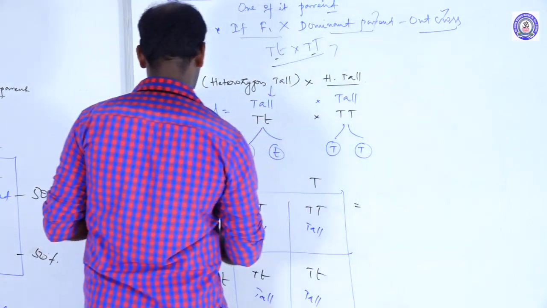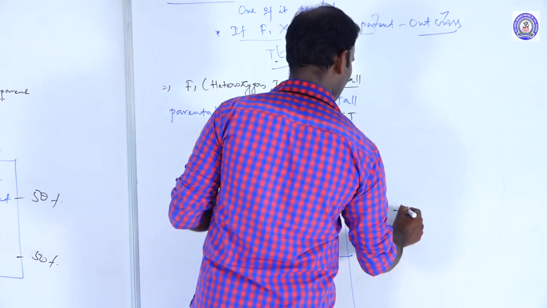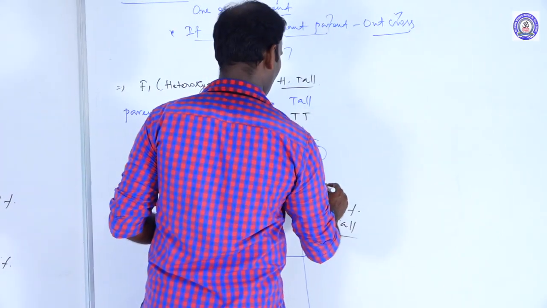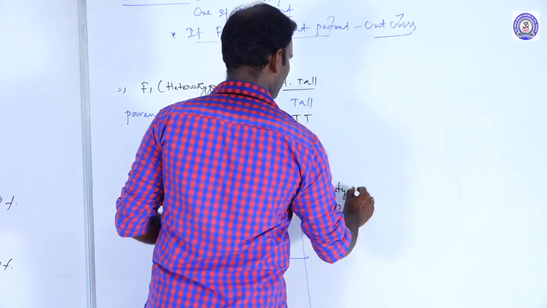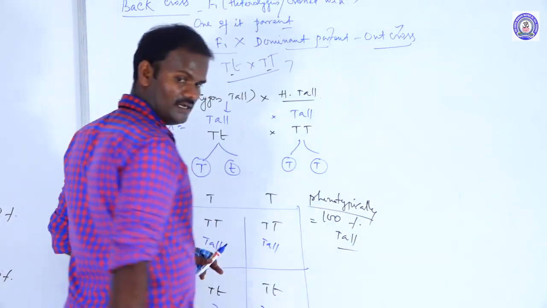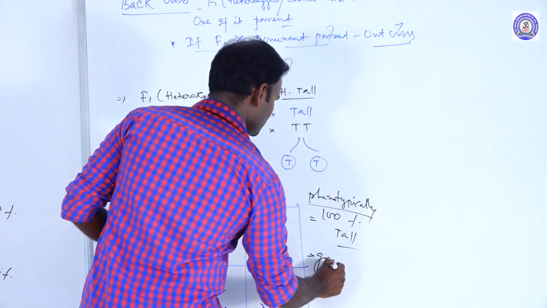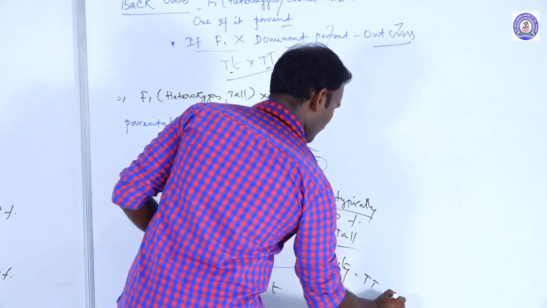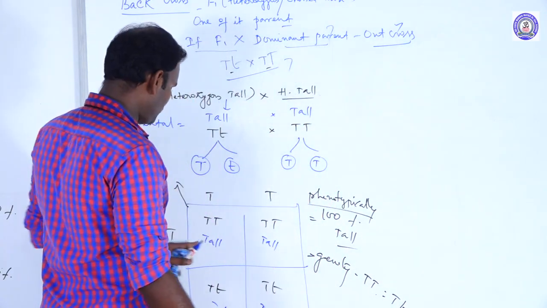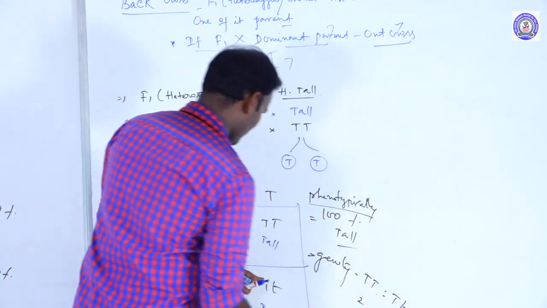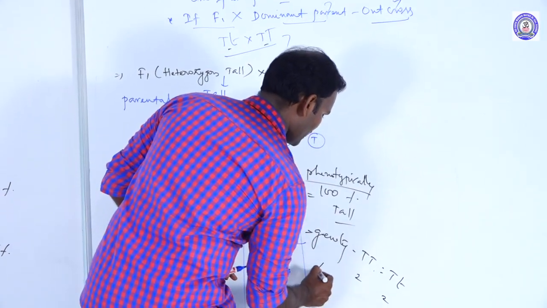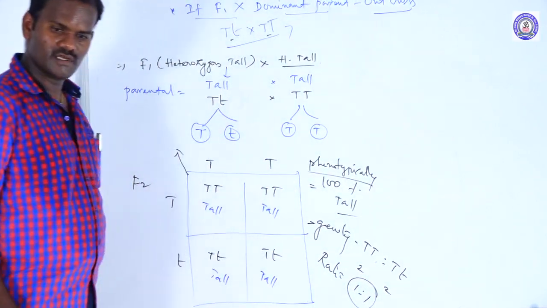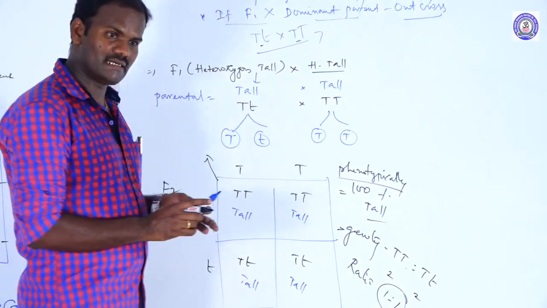In the F2 generation, 100% are tall plants. Phenotypically 100% tall, but genotypically capital T capital T and capital T small t. Capital T capital T is tall, capital T small t is also tall. Then what is the ratio? The ratio is 1:1.